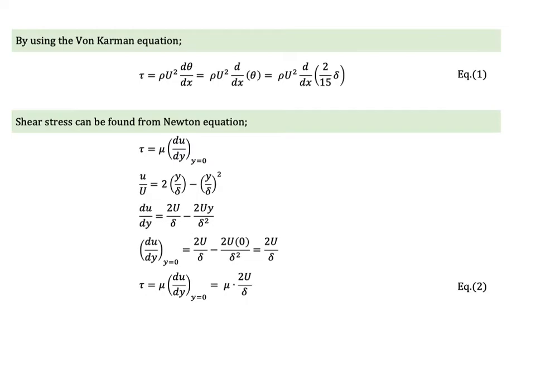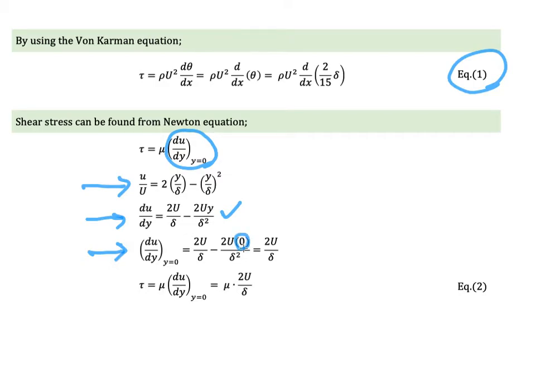We write it as equation 1, and then we calculate again the value of shear stress by using the idea of Newton's law of viscosity. So we try to solve du dy at y equal to 0. We have u over U as this one, and then we could differentiate it, du dy as this one, and then we substitute the value of y equal to 0, so we put 0 here.